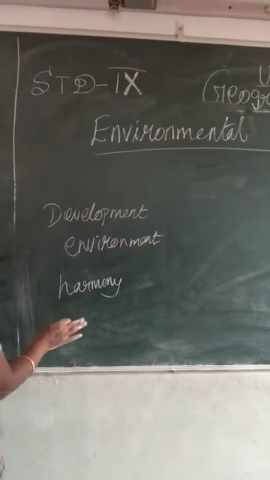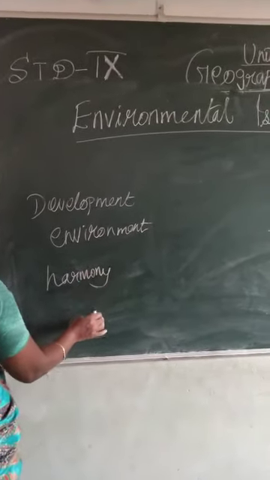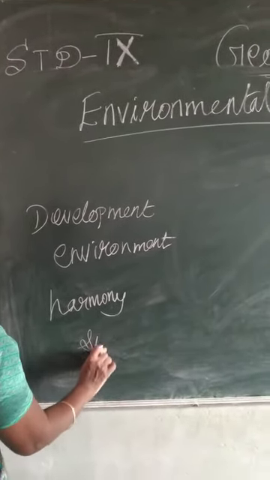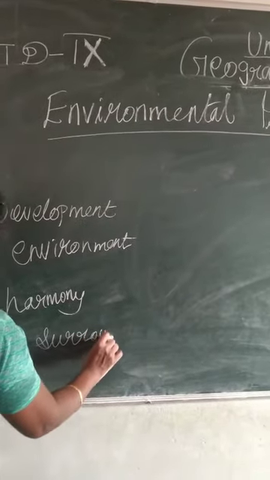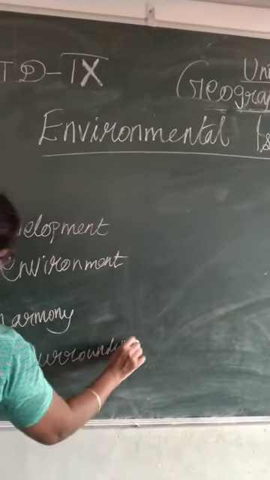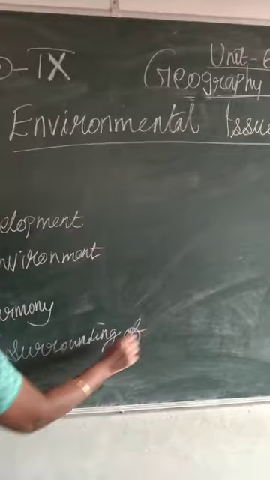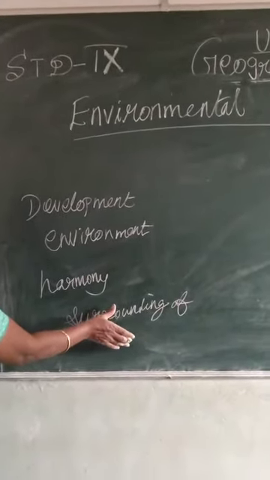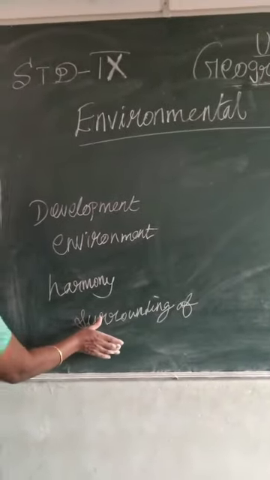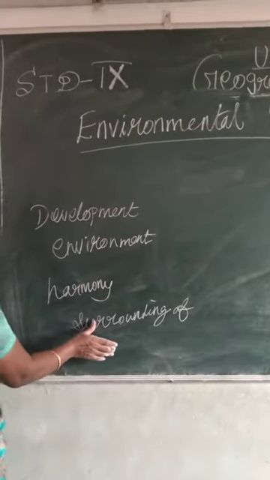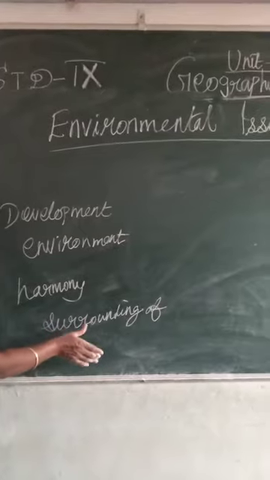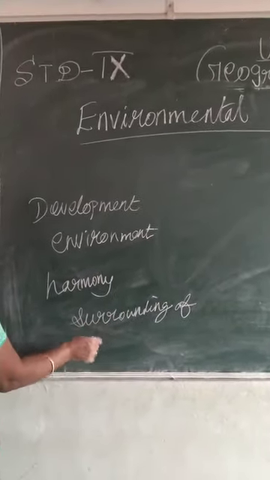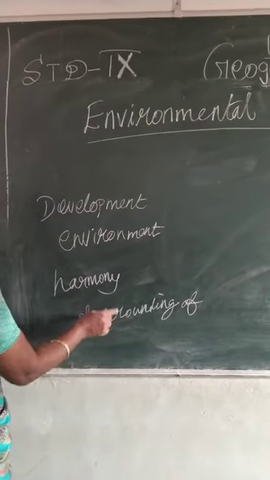Students, very important one. Environment is the surrounding of living organisms in which they live and interact. Human beings are dependent on the environment for their basic needs. Needs multiply with the increase of population.